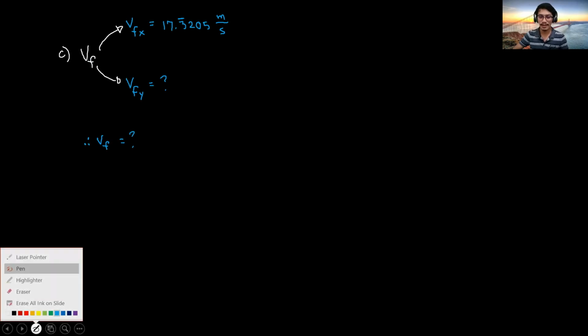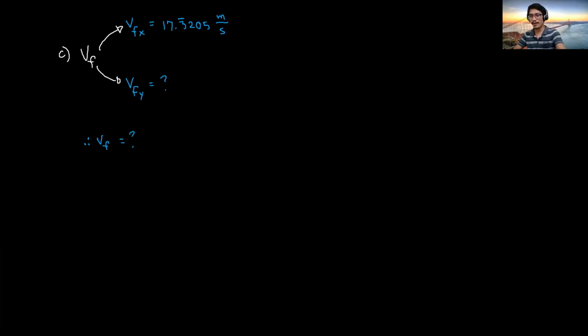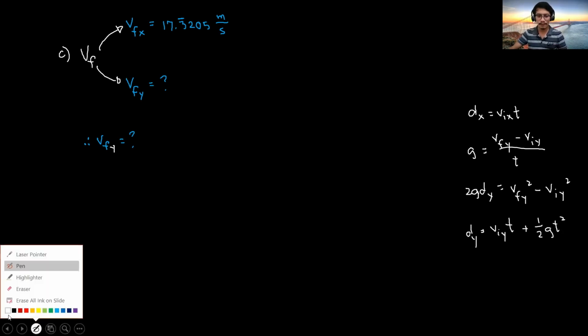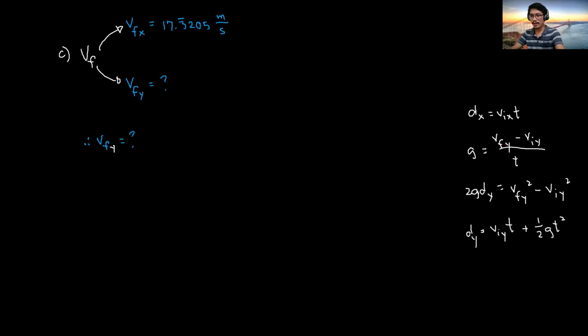Solve muna si VFY. Ano ang gagamitan natin na equation? Sulat muna natin lahat ng equations dito. These are the equations. VFY ang ating hinahanap. Saan dito ang may VFY? Equation 2, mayroong VFY sa equation 2. So that means, check natin if all the other variables are present. Do we have G?